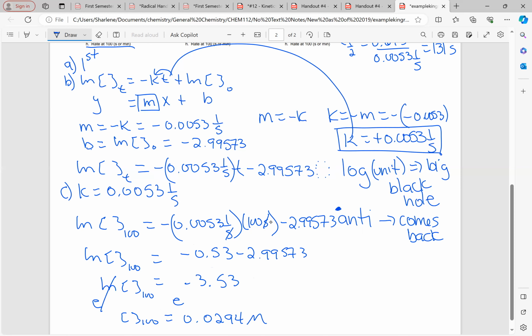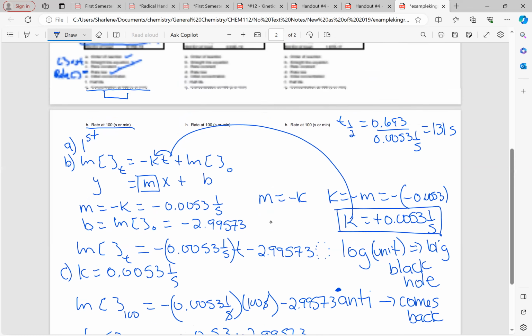Hey, what is the concentration at 100 seconds? It's 0.0294. I could have found that from the graph, I could have gone to 100 seconds and then worked my way up. But I have an equation that will do any time and any concentration, even if it's not on the graph. All right, so there's your concentration at 100 seconds.